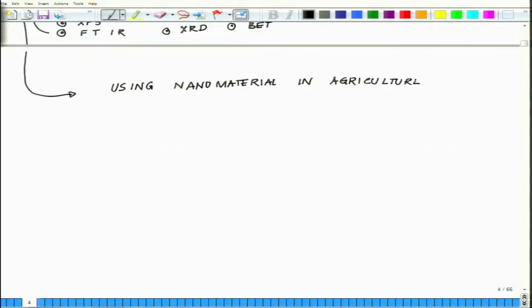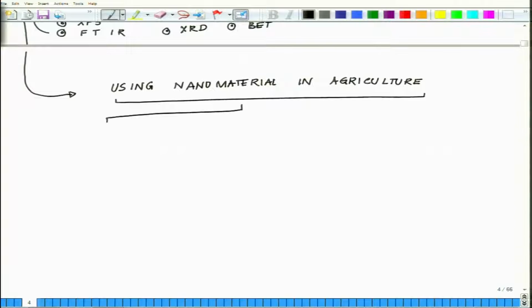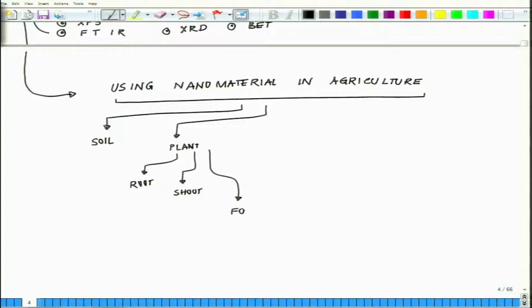When we are using the nanomaterial in agriculture, we have to understand at what level. Are we applying this to the soil? Are we applying this to the plant? If we are applying this to the plant, are we applying it to the root? Are we applying this to the shoot? Or are we doing a foliar spray?